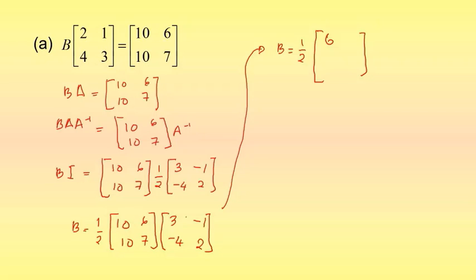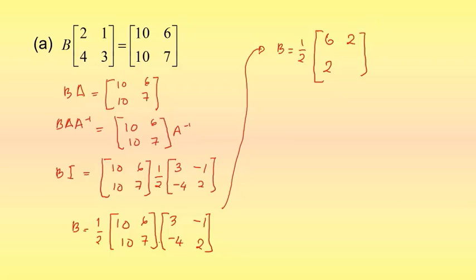10 times -1 plus 6 times 2. Okay, so we have 2. Next, for the entry in the second row, 10 times 3 plus 7 times -2. So we have 2.